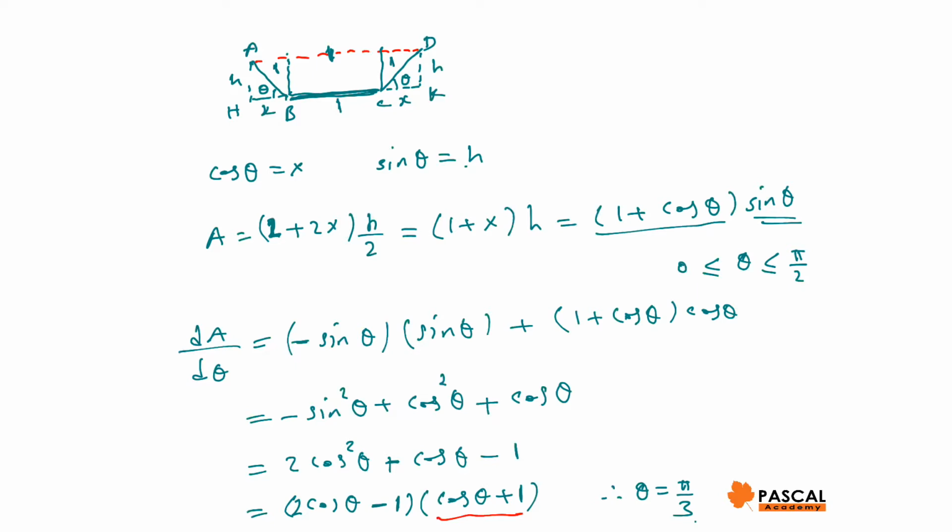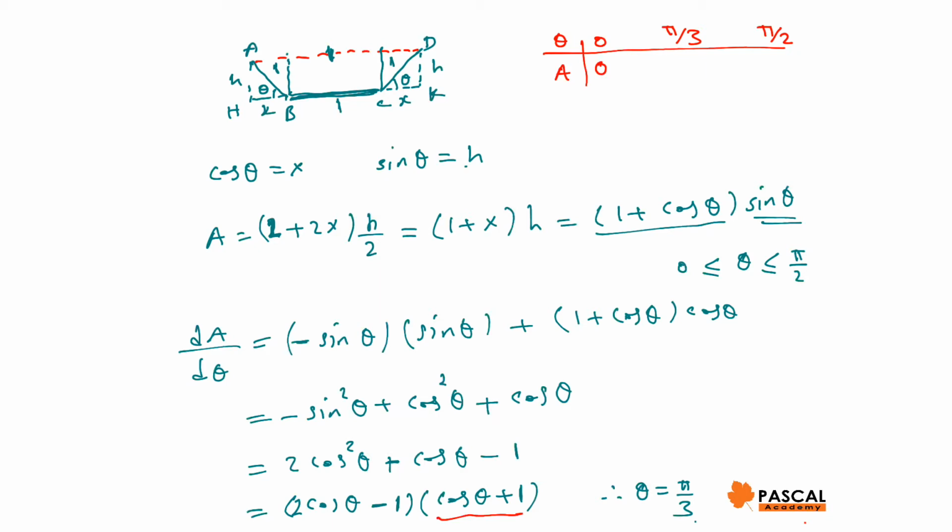Now we calculate area when theta is 0, pi over 3, and pi over 2, using the algorithm for maximum and minimum of a function on a closed interval. At theta equals 0, area is 0.